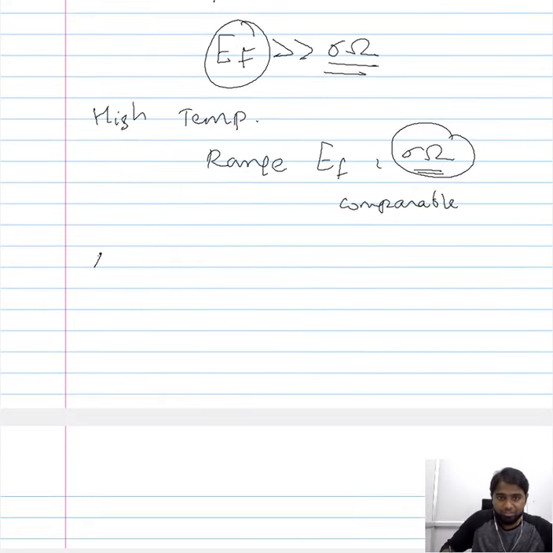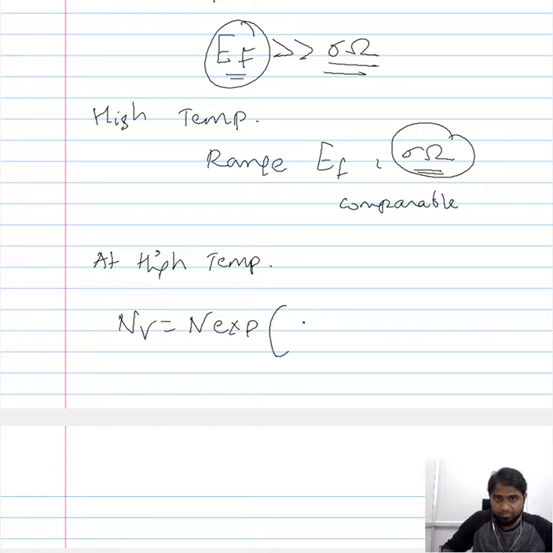And therefore, at high temperature, the expression that combines the role of the energy required for the formation of vacancies and the influence of stress, the combined expression, looks like this: N exp(-(EF - stress term)/kT).